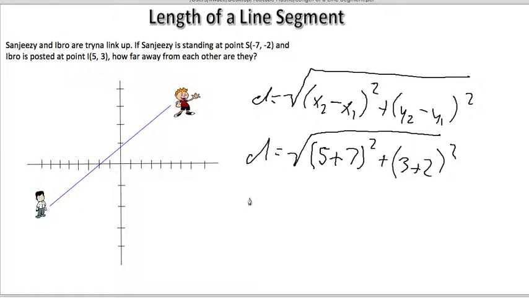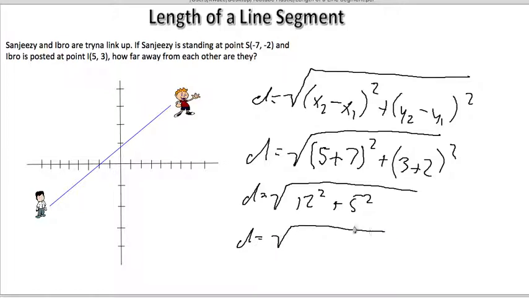Alright, so now we can simplify the brackets. We'll get 12 squared plus 5 squared. Then we get the square root of 144 plus 5 squared, which is 25.